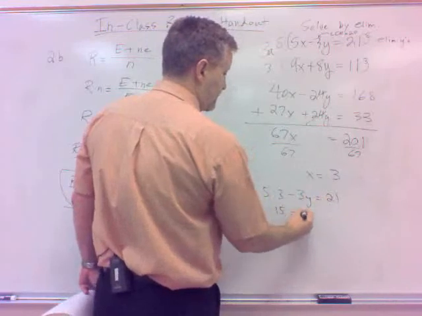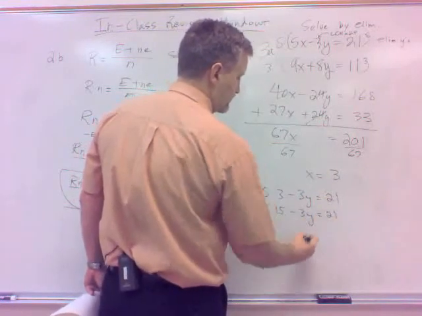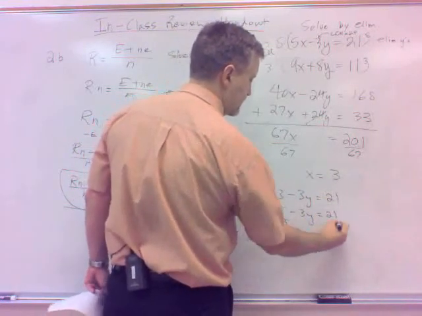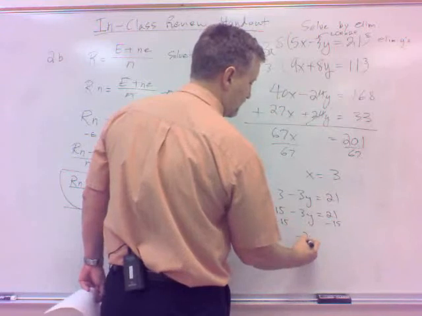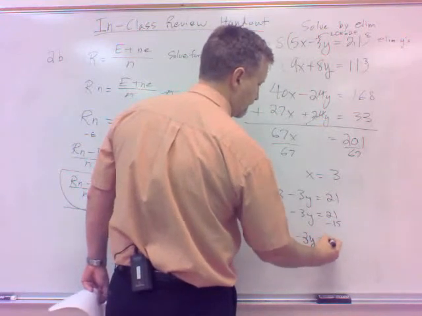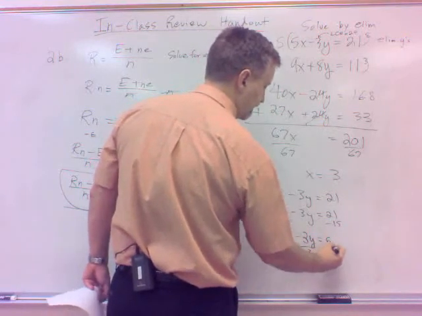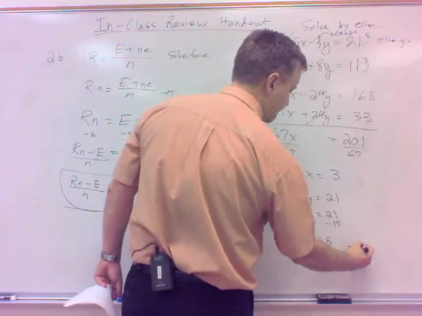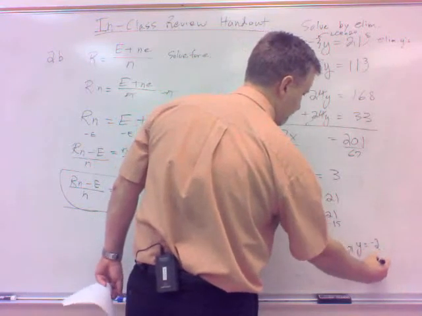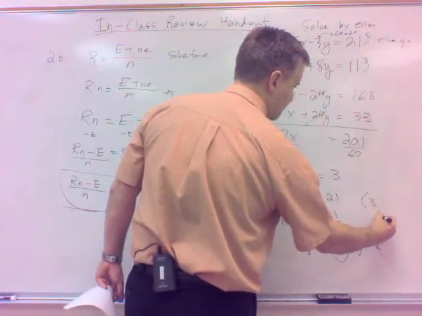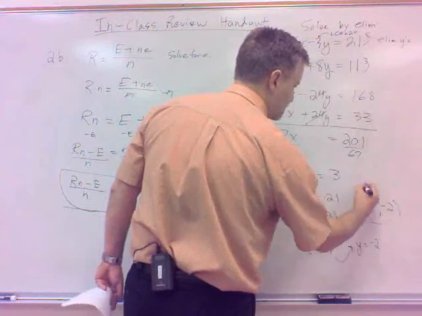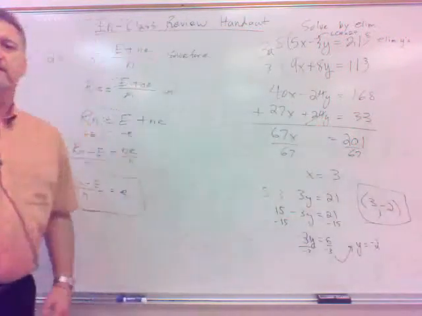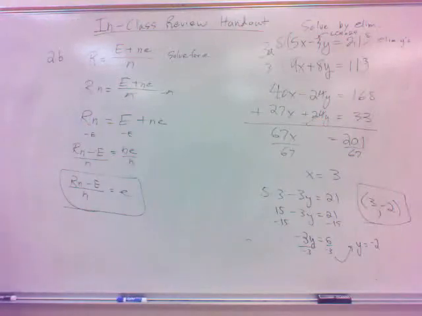It's 15 minus 3y equals 21, so subtract 15 and divide by negative 3. So we've got x is 3, y is negative 2. If we write it as an ordered pair, that would be (3, negative 2).